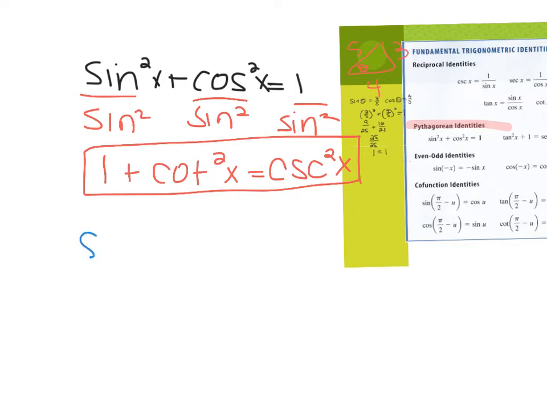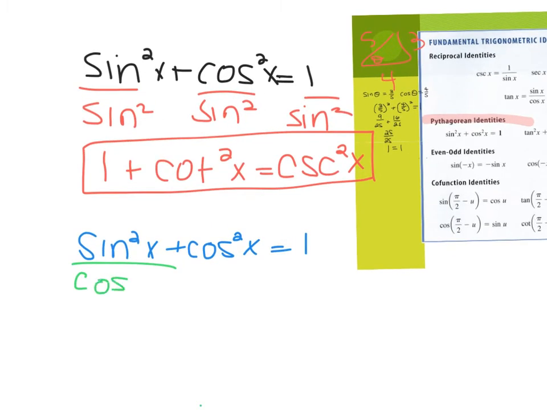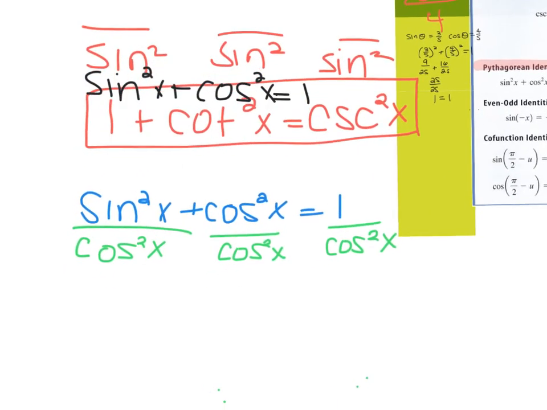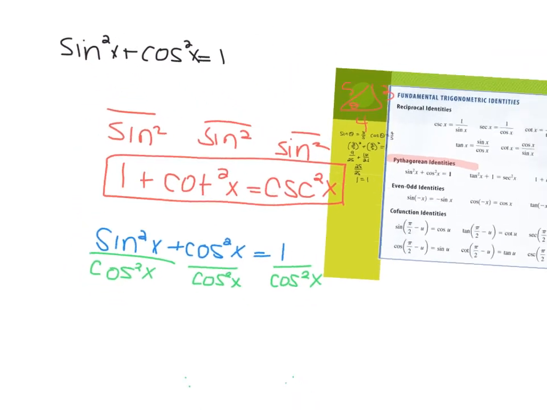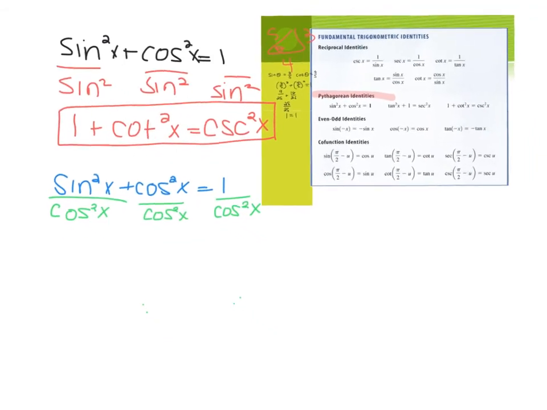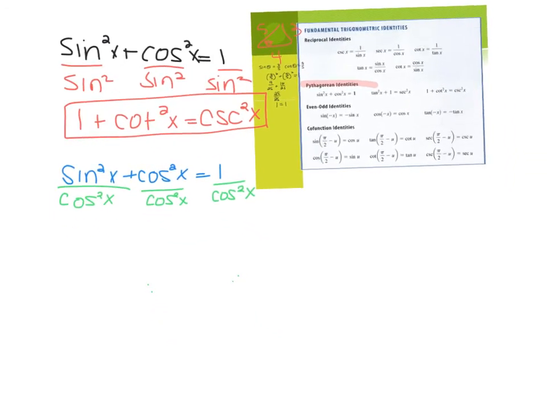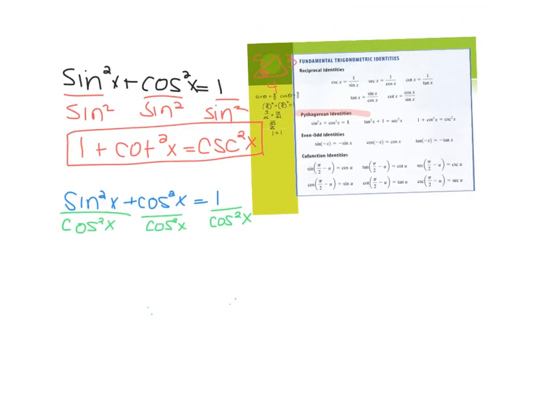If I take the same original function and this time divide everything by cosine squared, then I get sine squared divided by cosine squared, which is what? Tangent squared.